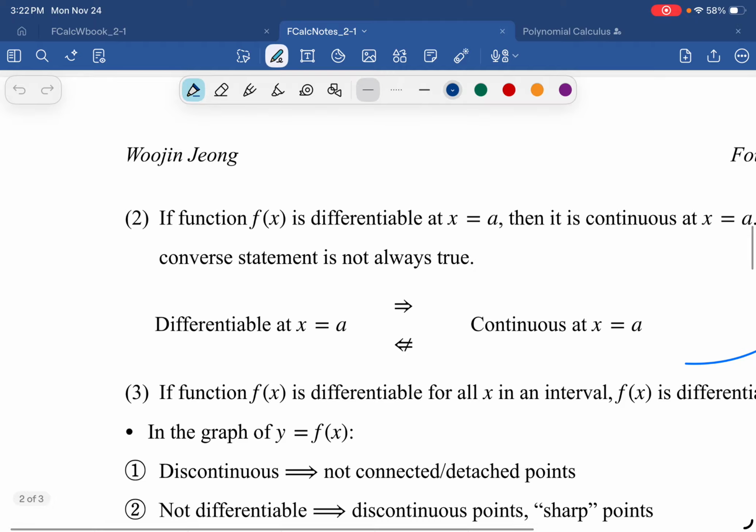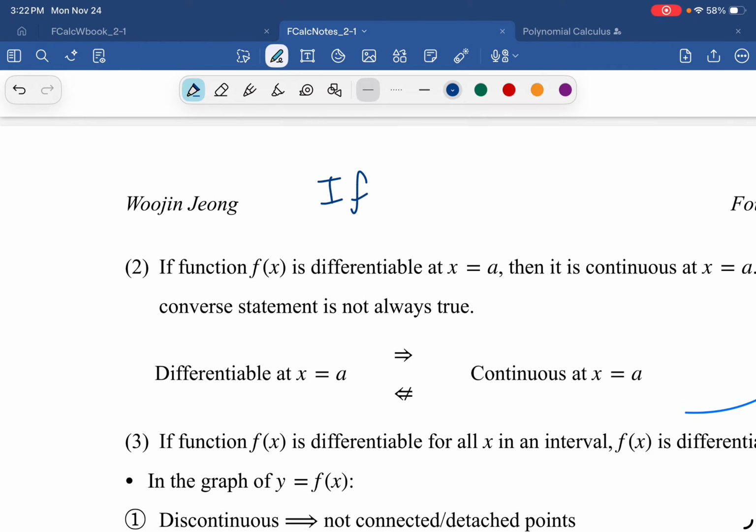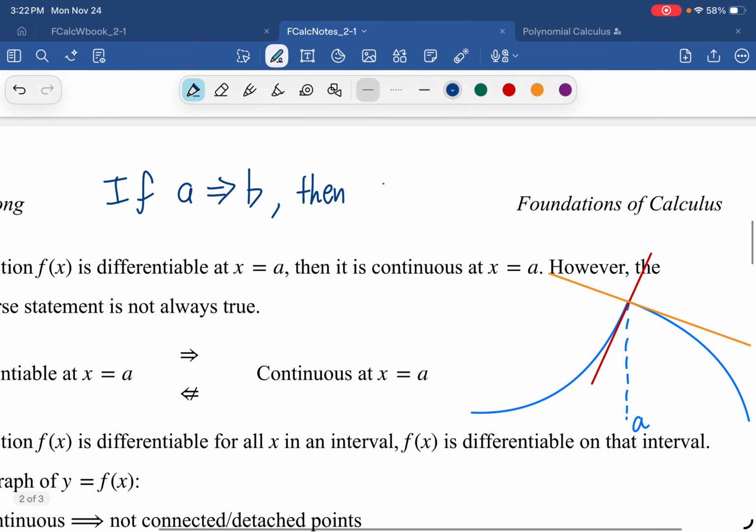So if A implies B, and we know that to be true, then we can say for sure that not B implies not A. This is called the contrapositive.